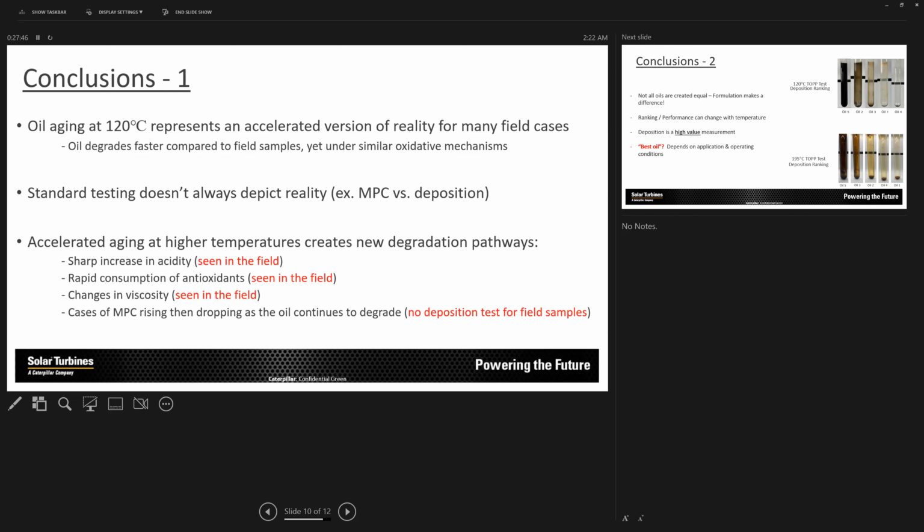For example, the oil where the MPC did not match the deposition on the glassware that we were seeing. So MPC might not always be telling us the real story. Also, accelerated aging at higher temperatures creates new degradation pathways, such as a sharp increase in the acidity, which we have seen in the field, rapid consumption of antioxidants, changes in viscosity, and cases of MPC rising and then dropping as the oil continues to degrade. So again, all of these have been seen in the field.